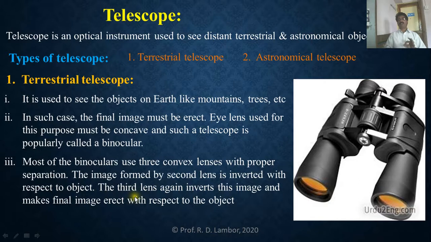Now the third lens again inverts this image and makes the final image erect with respect to object. So in this way, the binoculars which are using 3 convex lenses, we get the final erect image with respect to object. So this was the first type of telescope, terrestrial telescope.